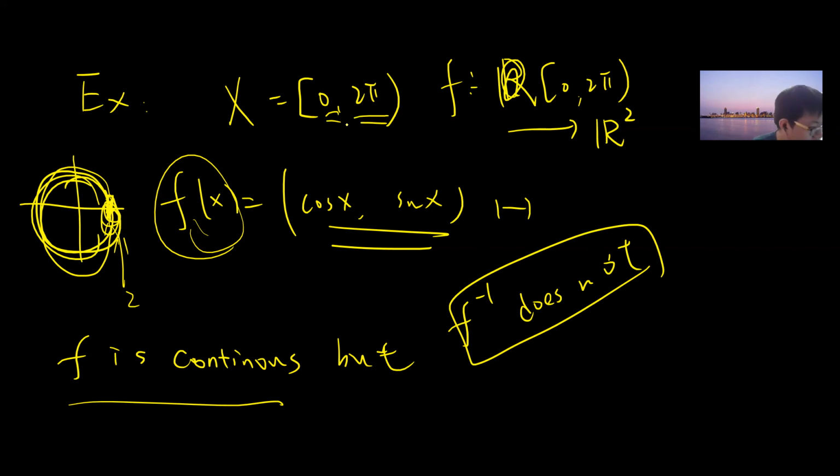The point (1, 0) is f of 0. If you are very close to it from one side, then your f inverse approaches 0, but if you are on the other side, then your f inverse is close to 2 pi, so it cannot be continuous. This is the idea of why compactness matters: the reason is that x is non-compact.